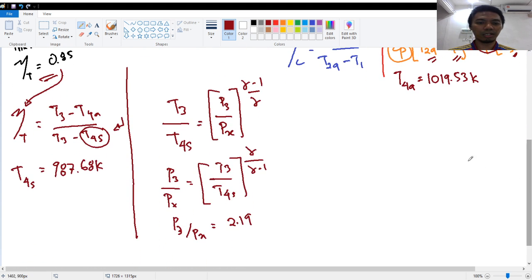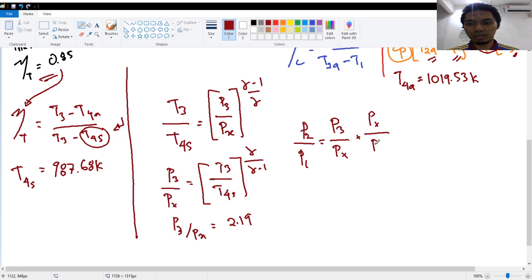Exactly, you can use the chain rule instead, where you know that P2 over P1 equals P3 over Px times Px divided by P1, right? You can delete it where P3 is equal to P2, then P1 is P1.